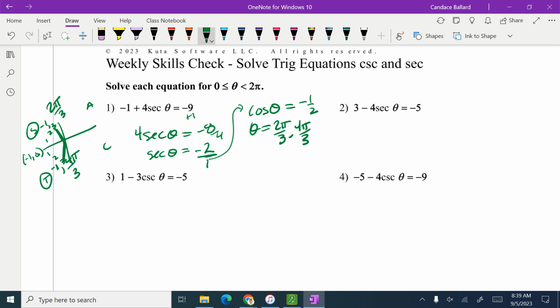Okay, I want you to try number 2. Everybody take a minute, see how far you can get in 45 to 60 seconds on number 2. All right, you can do it.